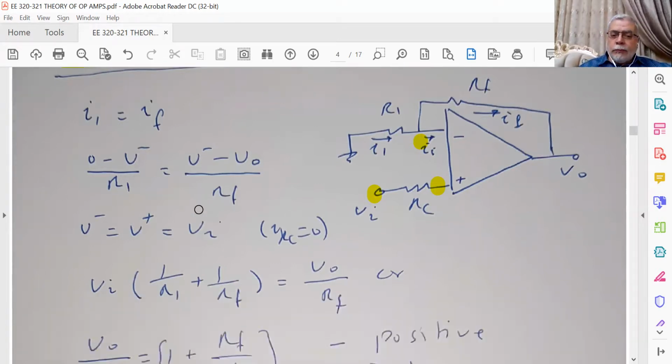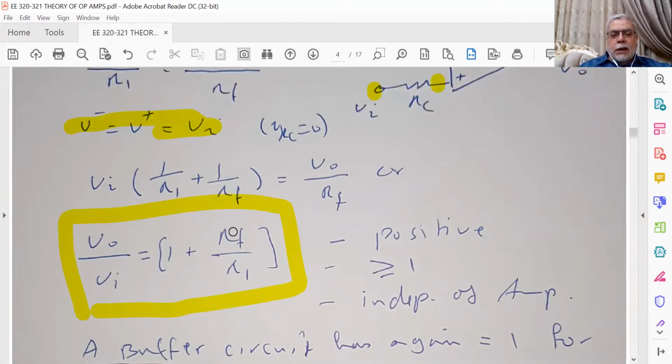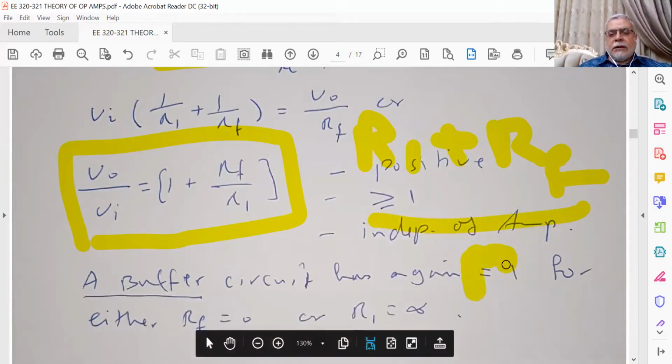So here also, as V minus equals V plus equals VI, the expression VO divided by VI, which is the gain, will be equal to 1 plus RF divided by R1, or (R1 plus RF) divided by R1.